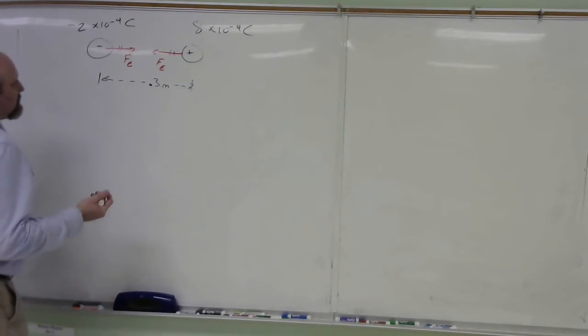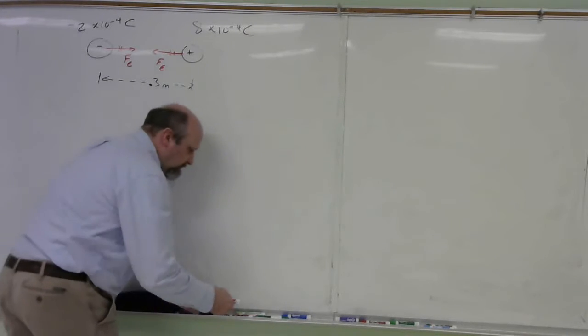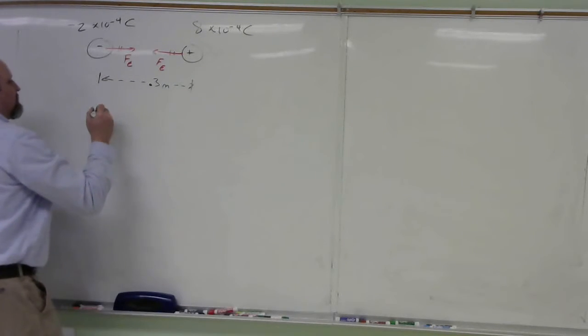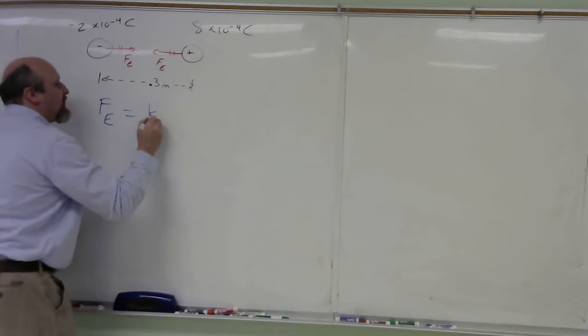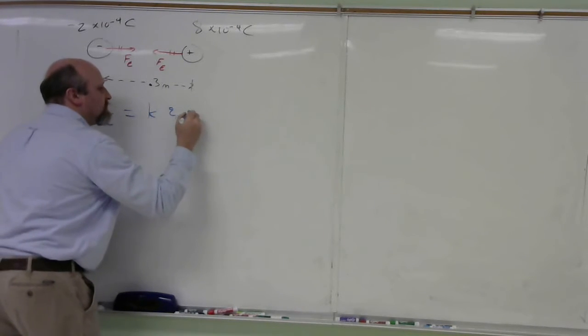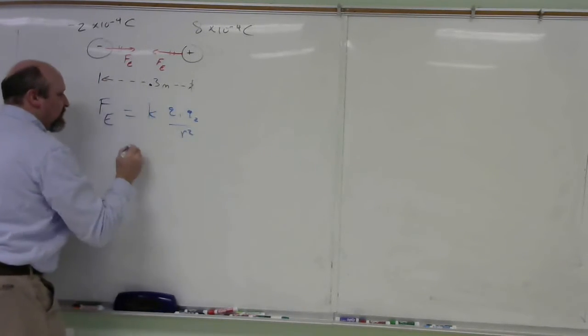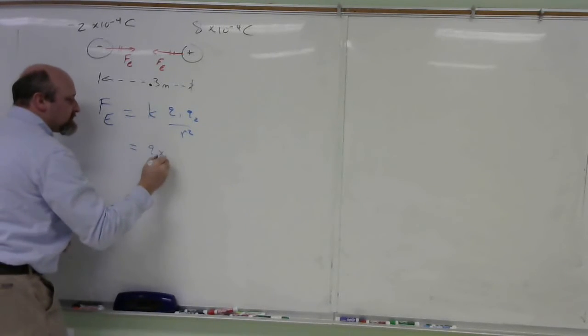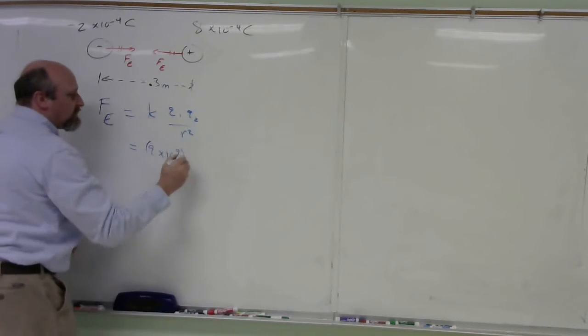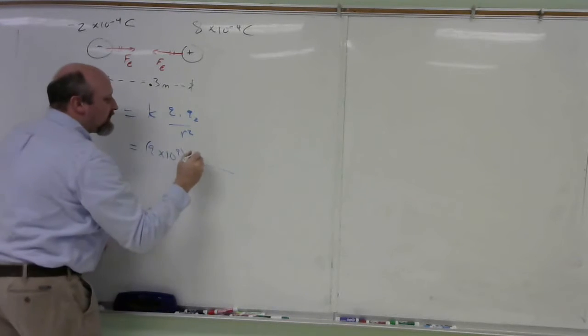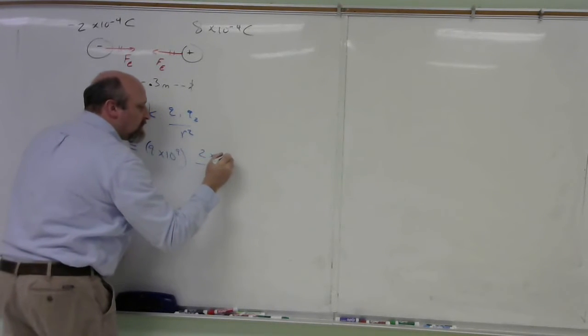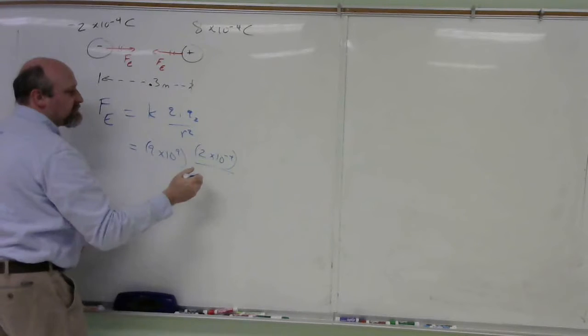So we're ready to go ahead and calculate that force. We're going to use Coulomb's law. Electrical force is K, first charge, second charge, over the separation squared. Plug in my values. K is 9 times 10 to the 9. The Q's, 2 times 10 to the negative 4, and when I do this, I'm making it a positive value.